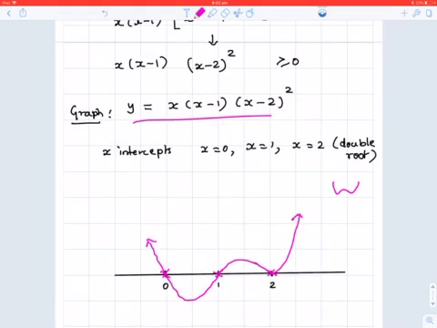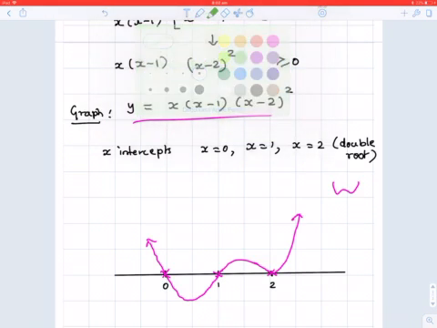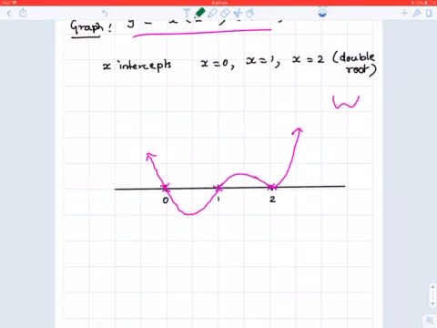So this is the graph of y equal to x bracket x minus 1 bracket x minus 2 the whole square. What we need to know is what values of x give x bracket x minus 1 times x minus 2 the whole square more than or equal to 0. That's the one we care about.